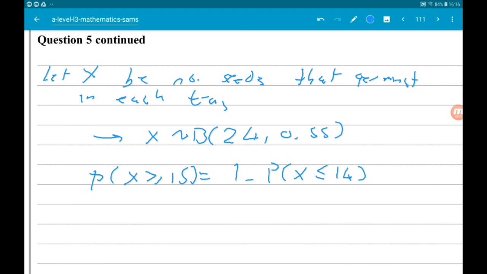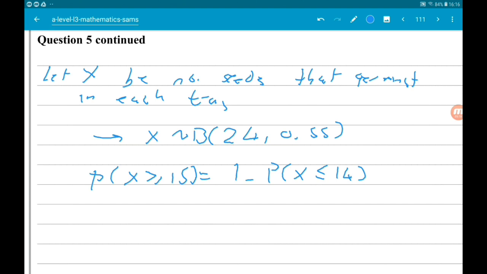Okay, now we can use the calculators to work out the probability X is less than or equal to 14, and we will get 0.701.